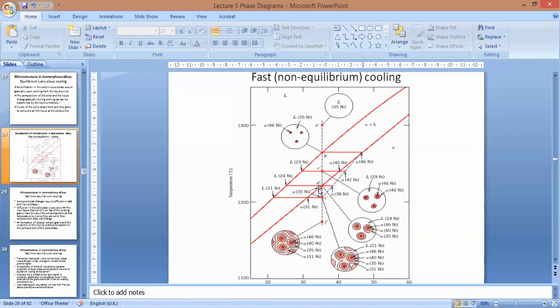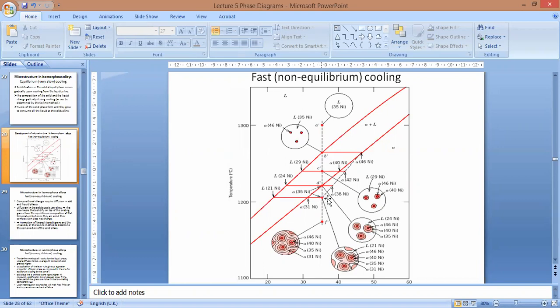By the time we come to point D, which is on the solidus line, we just have another layer forming on these two previous layers. So it means that you have three types. You have the first one, then the second one forms on top of the first one, and then the third one forms on top of these two.